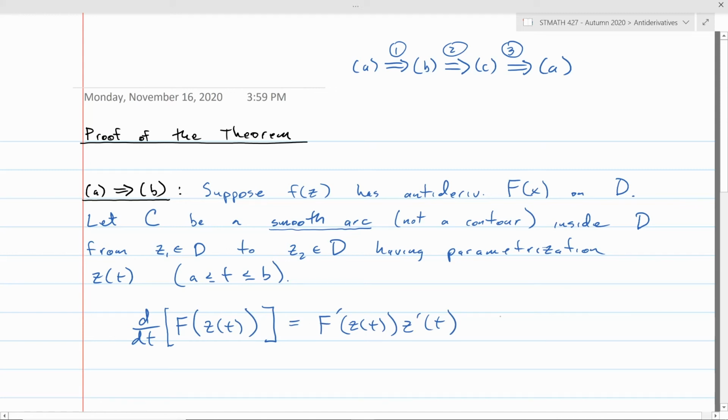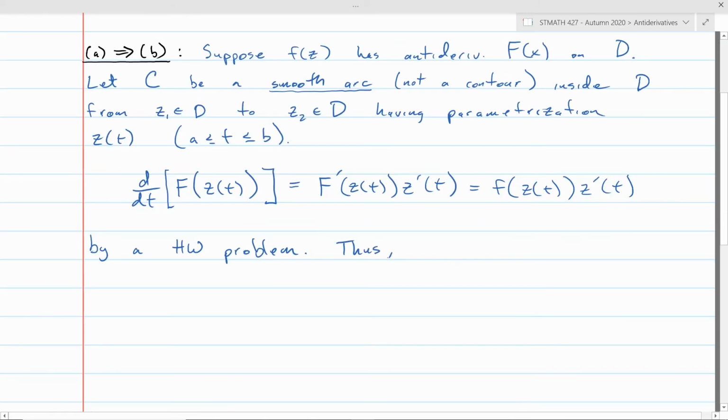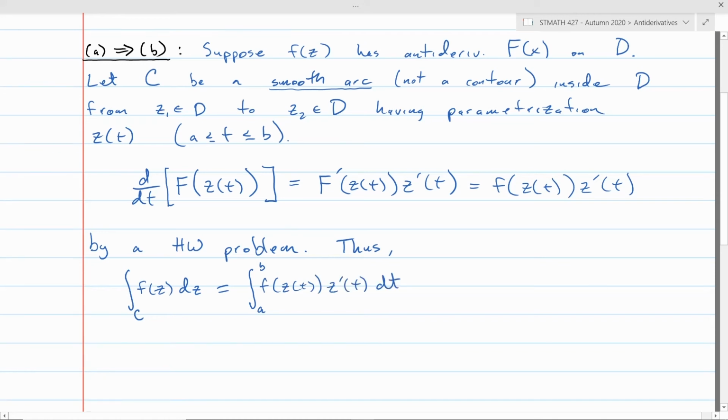And since we're saying big F is an antiderivative of little f, this is the same thing as little f of Z of T times Z prime of T. Now, here's how we can use that. If we want to integrate along C of little f of Z dz, well, we basically have an antiderivative for that composition now. This by definition is the integral from A to B of little f of Z of T times Z prime of T dt. This is just the definition of contour integral.